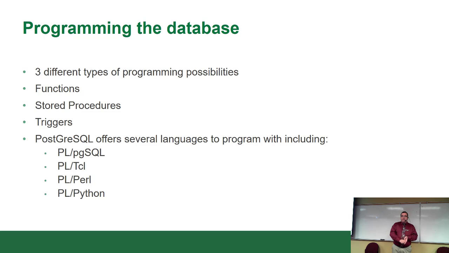Then you have stored procedures and triggers. If I remember, I'll cover in a little more detail what the differences are between these. But stored procedures are essentially functions that don't return anything. So in Java, I guess that'd be the equivalent of a void function. So a stored procedure is basically a void function. It doesn't return anything.